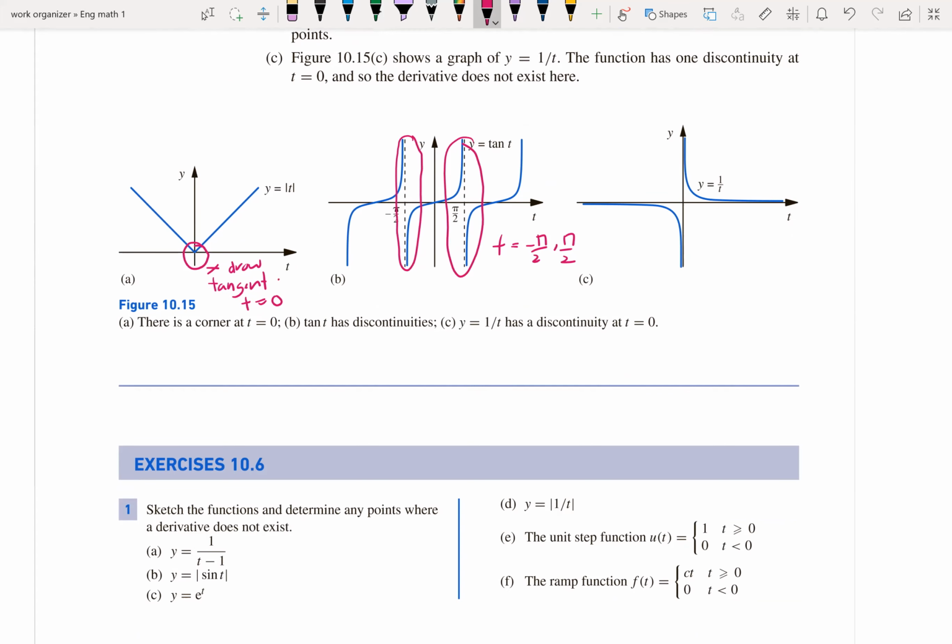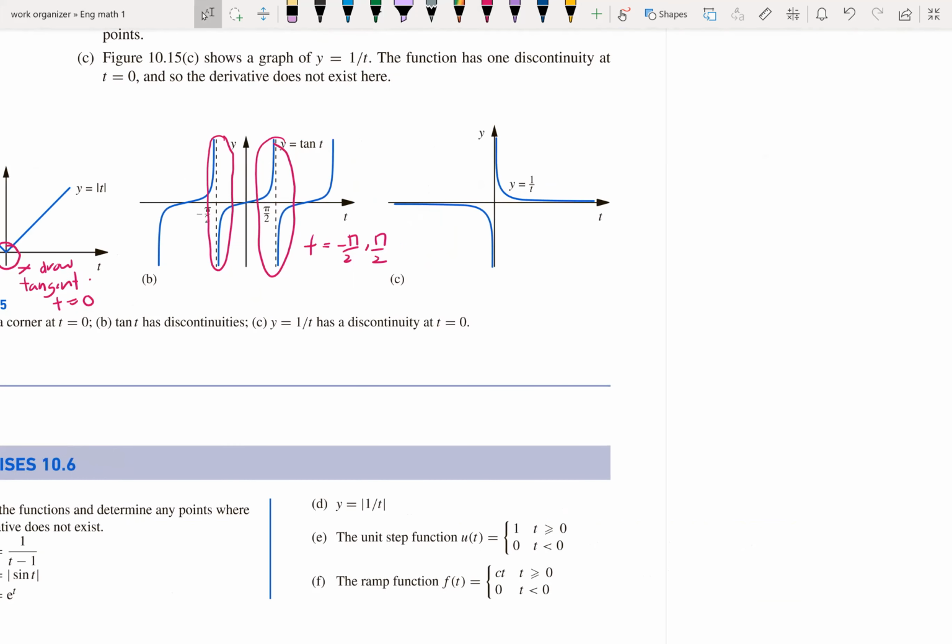And then we have this graph. It is not possible also to draw a tangent here at t equal to 0.